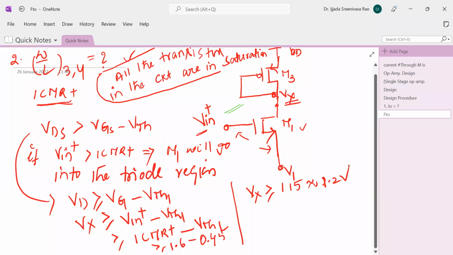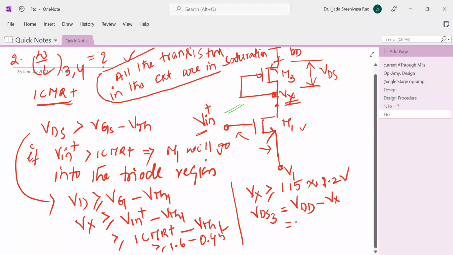Got it? So now see, this is the VDS3. VDS3 is equal to VDD minus Vx voltage.